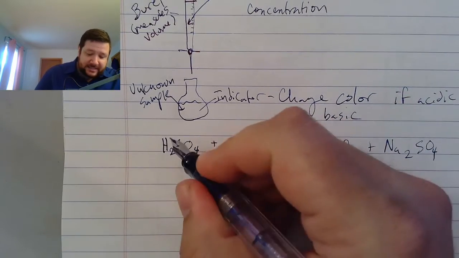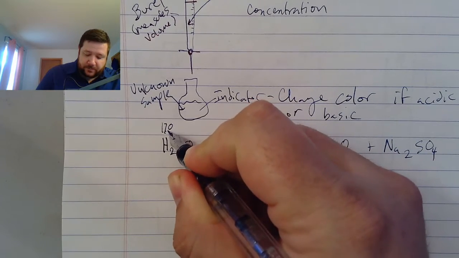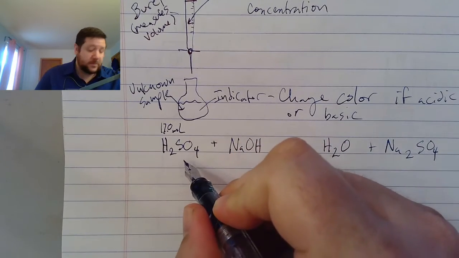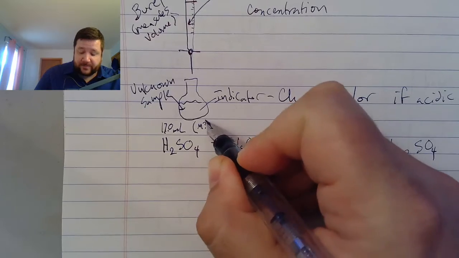So we have 17.0 milliliters of H2SO4, and we don't know the molarity of it.